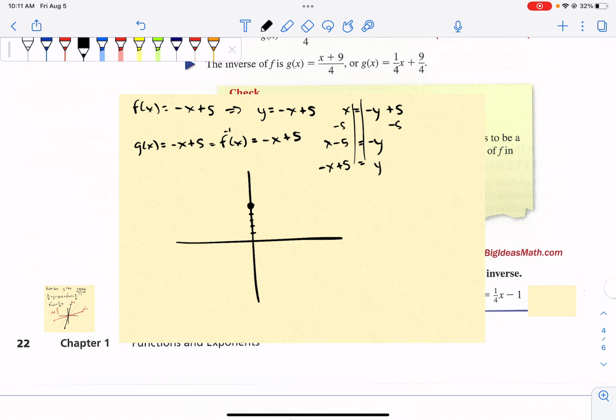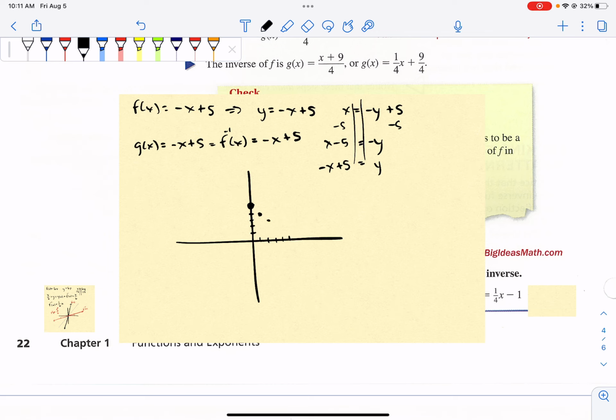What other point would help us do this? So my slope is actually a negative 1, right? Because I'm going down 1 over 1. So I'm going to go down 1 over 1 like this.